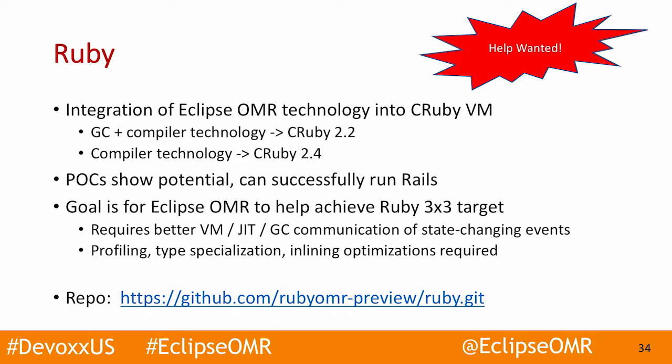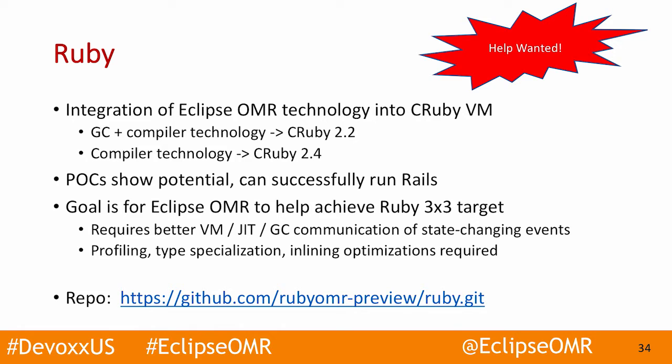We also had it in 2.2, but it's also in Ruby 2.4. And these proof of concepts have really shown quite a bit of potential in terms of the quality of the code and the performance that they're able to achieve. And the other thing, since we're talking about working with these communities, is that it runs the things that they care about. So for example, this code will actually run Rails, and it does it quite well. So that was really good to see.